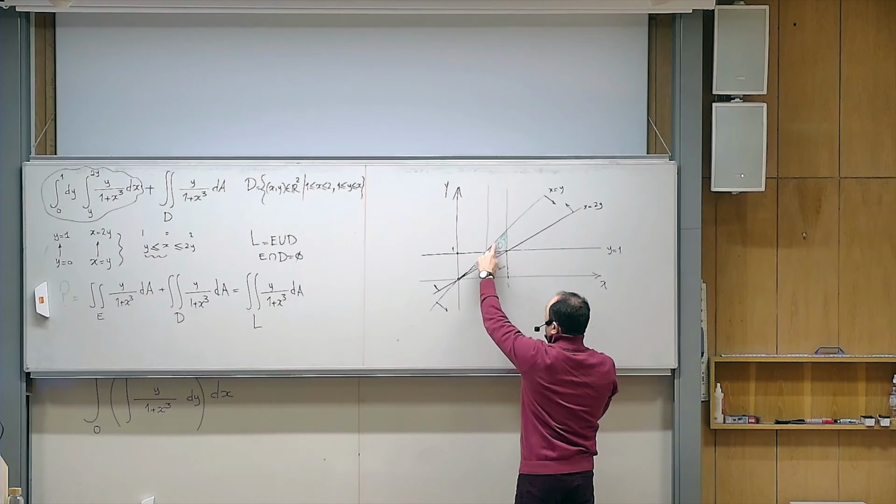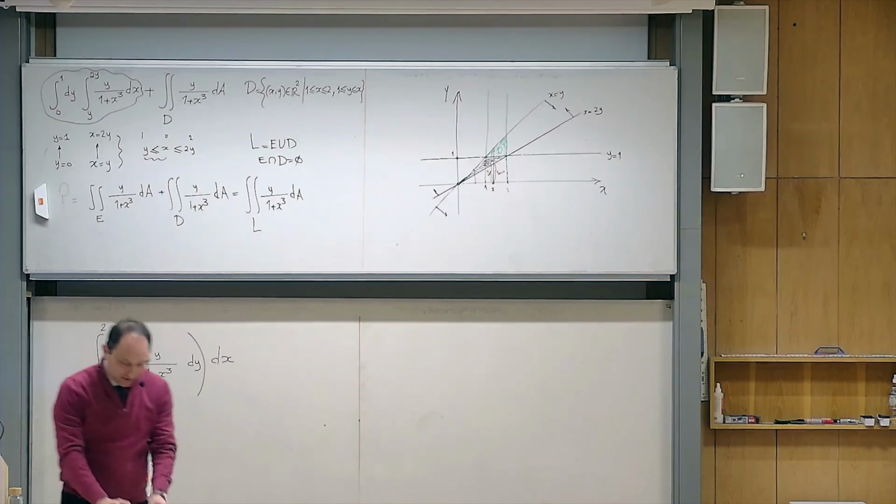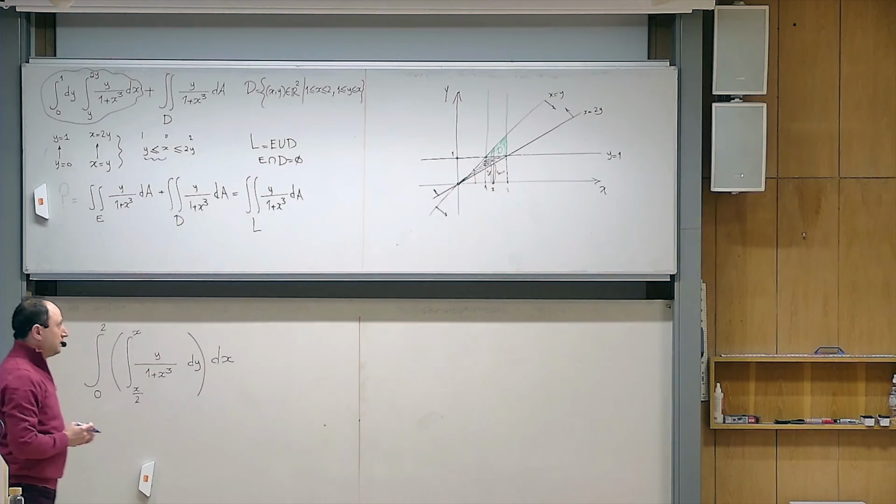So the minimum value is x over 2, and the maximum value is x. So I consider this a nice problem, yes? Okay, so now I have to calculate the inner integral.